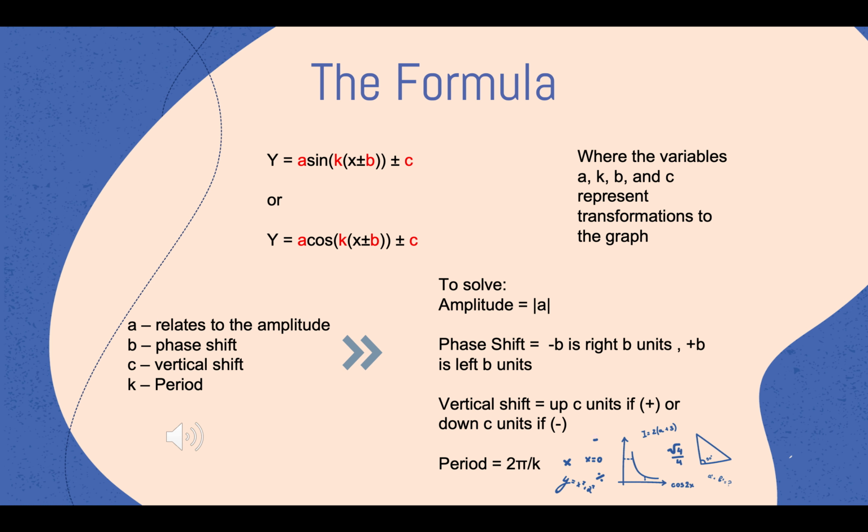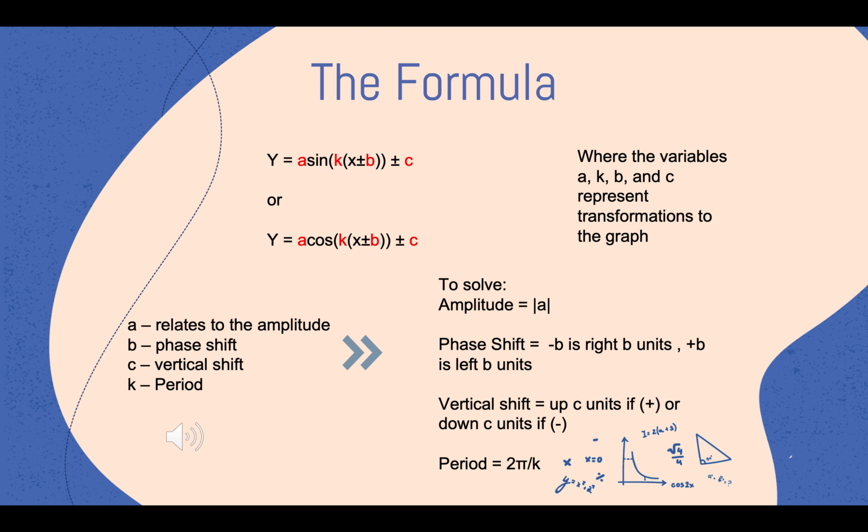This relates to A being the amplitude, our B variable representing a phase shift, our C variable representing a vertical shift, and our K variable representing a period. To solve, you will look at calculating the amplitude by finding the absolute value of A. To calculate the phase shift, if B is negative, that'll be going right B units.